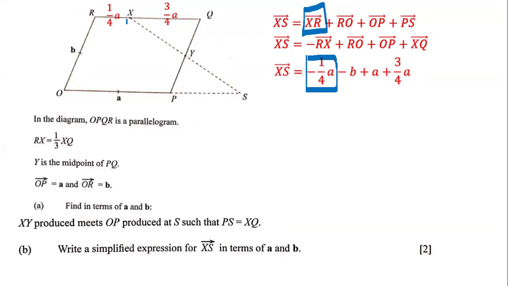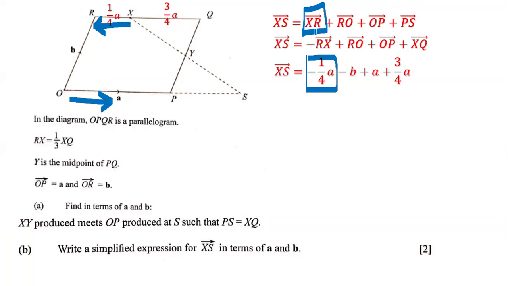And that makes sense because we know that XR is going in this direction, and we know that this is 1 over 4A. But since we're going in the opposite direction, we're not going in the same direction as A, we have to put a negative in front. If we were going from R to X, we wouldn't need to put the negative. But since we're going from X to R in the opposite direction, we have to put a negative. So it's actually negative 1 over 4A. That's what XR is.